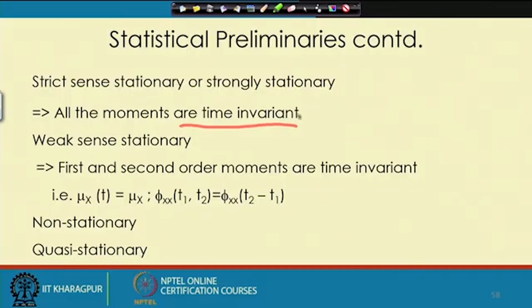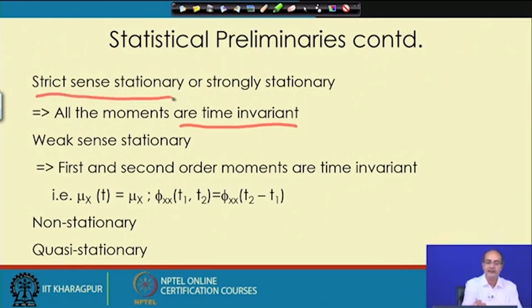So, in the form of a definition, stationarity is defined in this way: that all the moments are time invariant. If all the moments are time invariant, then we can call it a strict sense stationary or strongly stationary signal or process.